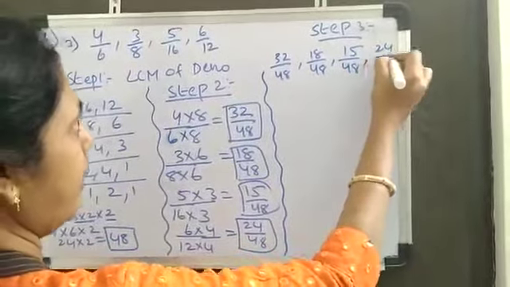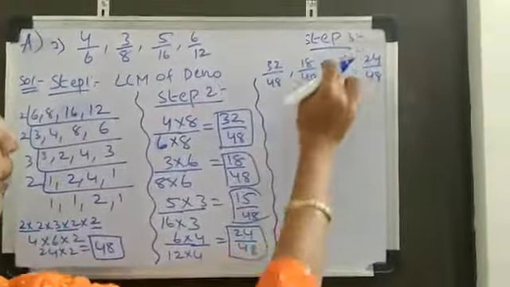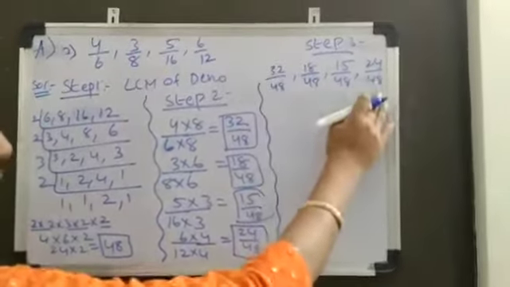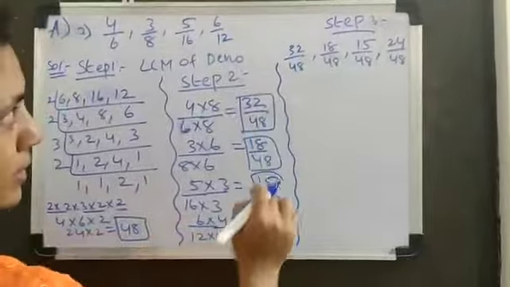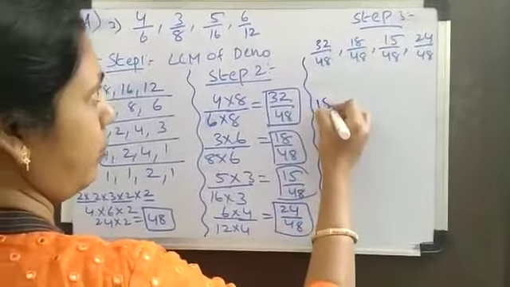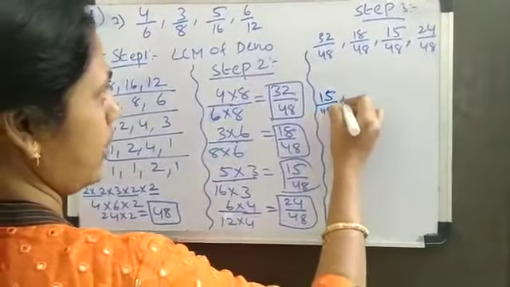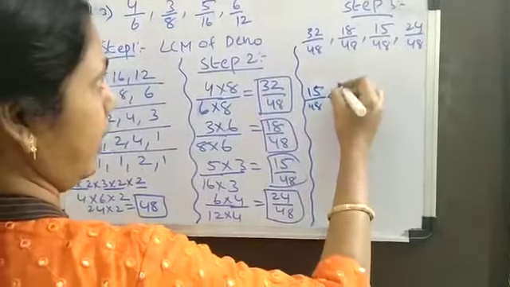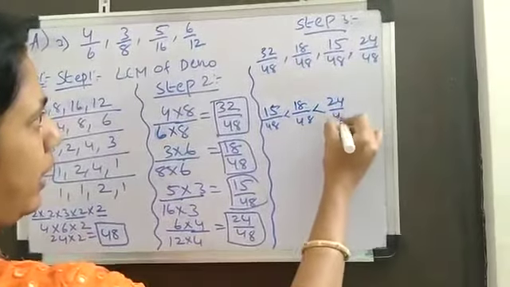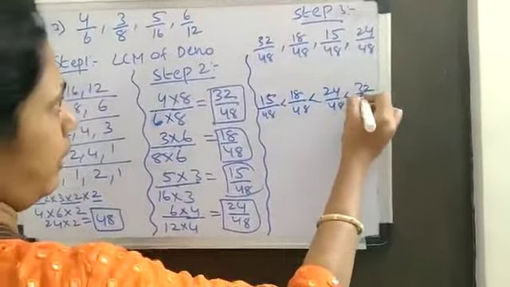See, 32 by 48, 18 by 48, 15 by 48, 24 by 48. Now these all became like fractions. Now you compare the numerators. Ascending means small to big. In this, which is smaller? 15 by 48 is smaller than 18 by 48, is smaller than 24 by 48, and 32 by 48.